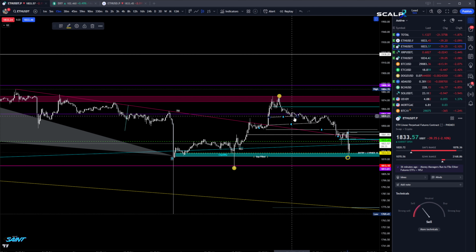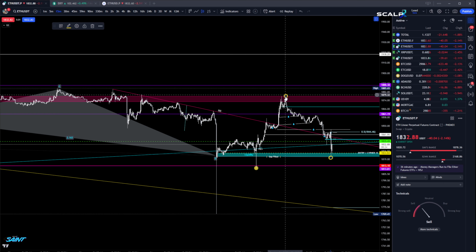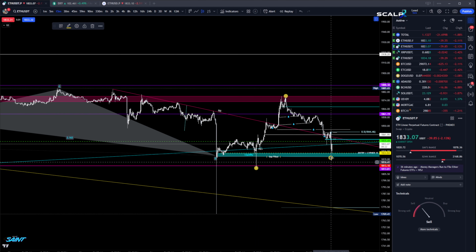But all we've gotten so far is obviously a dip, pull back, bearish retest, pull back.